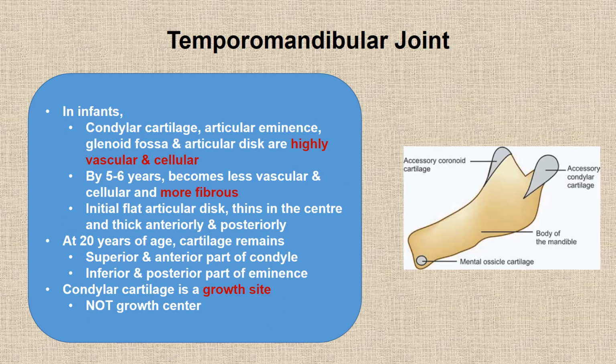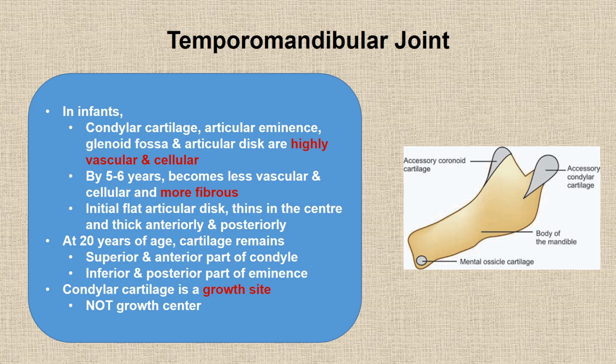Now, in infants, the condylar cartilage, articular eminence, glenoid fossa, and articular disc or meniscus are highly vascular and cellular. By 5 to 6 years, this becomes less vascular and cellular, and they become more fibrous. The articular disc or meniscus, which is initially flat, thins in the center with development and becomes thick anteriorly and posteriorly.